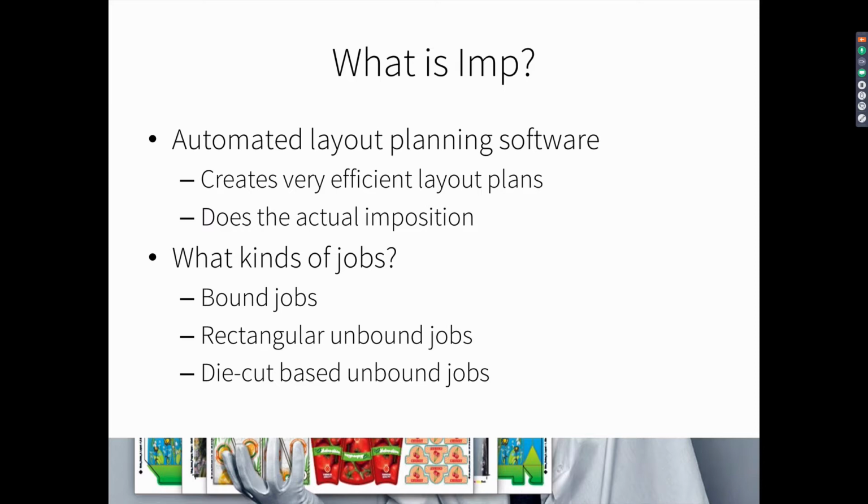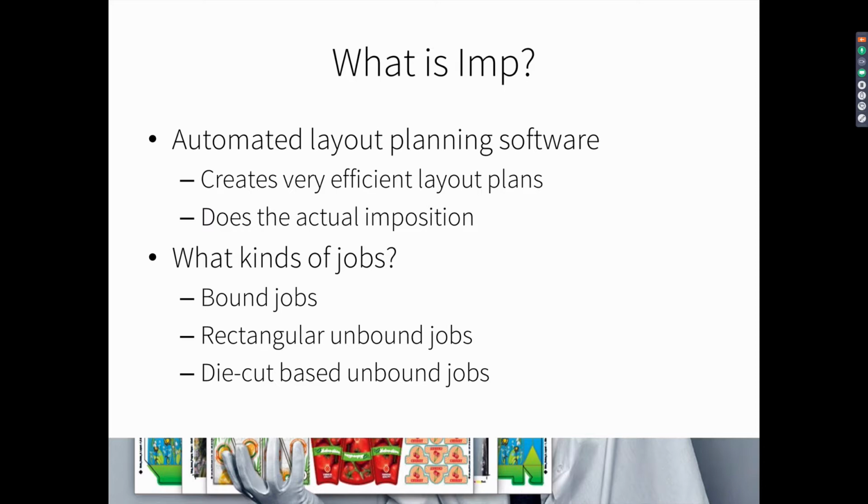What kind of jobs? Well, that's one of the big advantages in Imp, and something I think that will come back later as well. You can handle any kind of job in this application. So if you are doing bound work like books or magazines, then Imp can create signatures and do the planning of final sheets with those signatures.